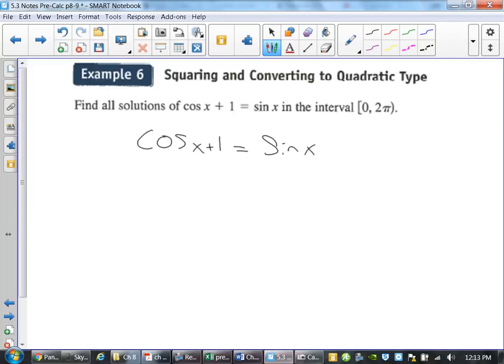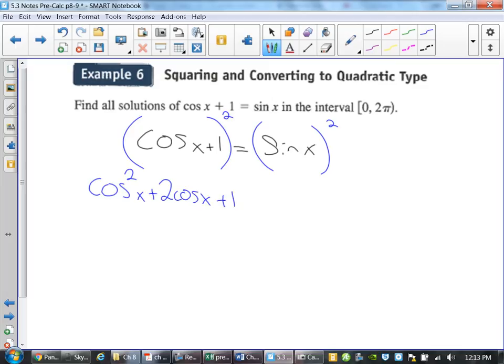So if you wind up squaring both sides, cosine plus 1 times cosine plus 1, when you FOIL that out, you're going to get cosine squared x plus 2 cosine x plus 1. And then on the other side, it's going to equal sine squared. Are we okay with that?